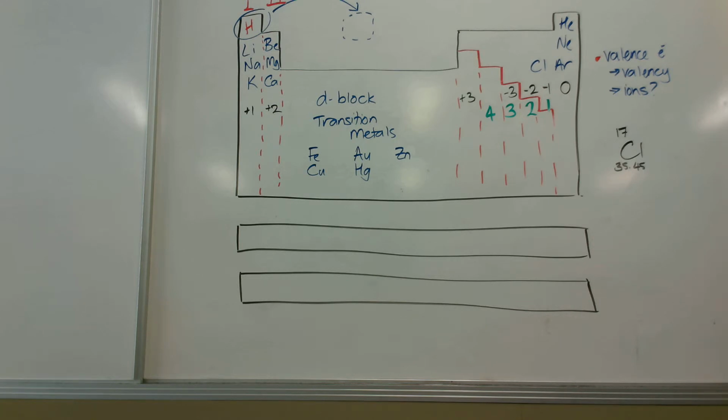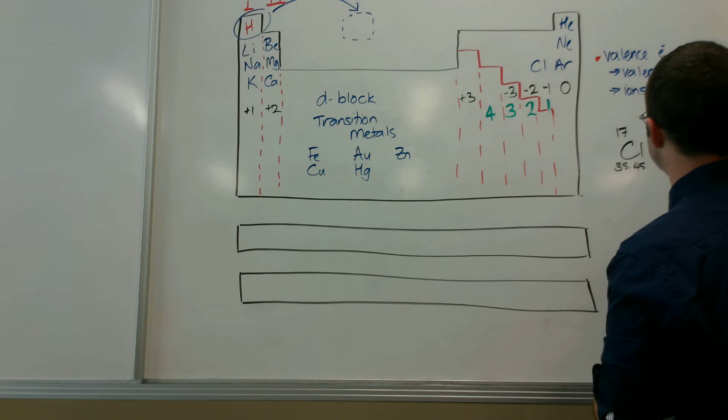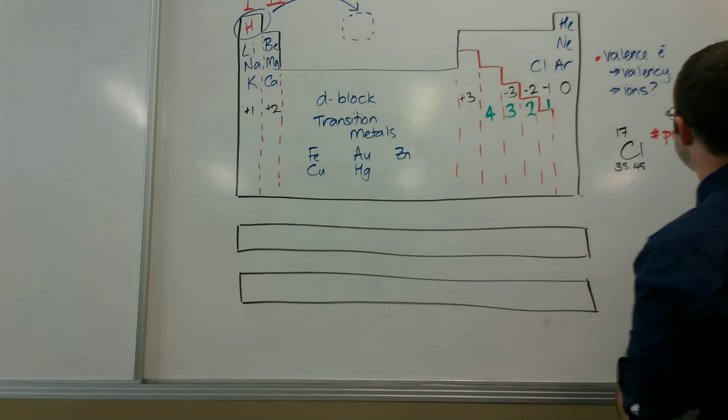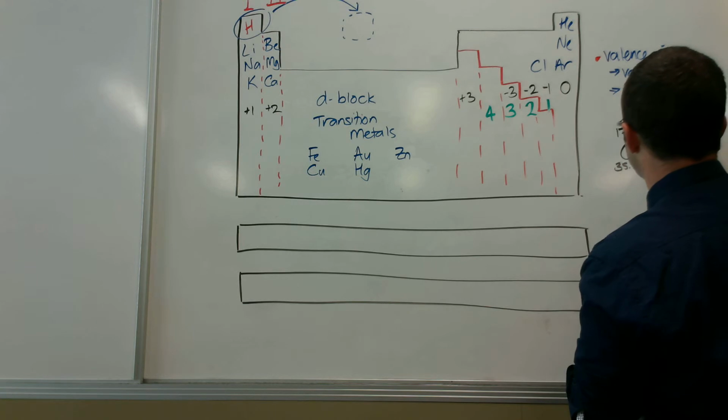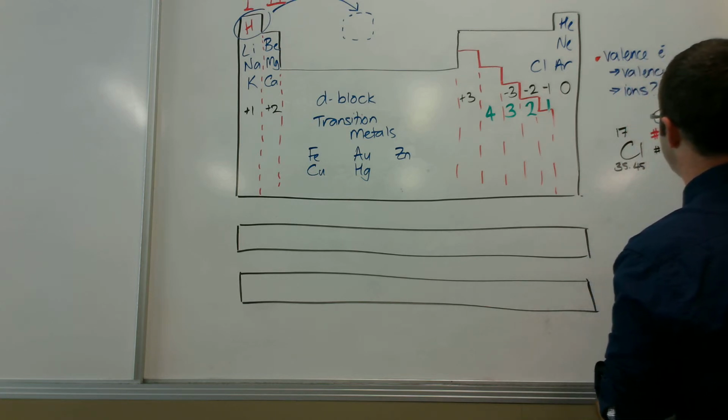Not its ion, the atom. It tells me two things. How many protons it has? Perfect. So number of protons, and it tells me as an atom what else it has, because atoms are neutral. Electrons. Cool, number of electrons.